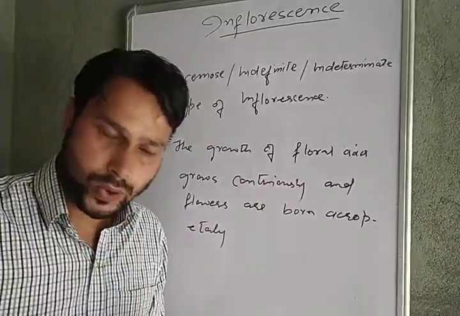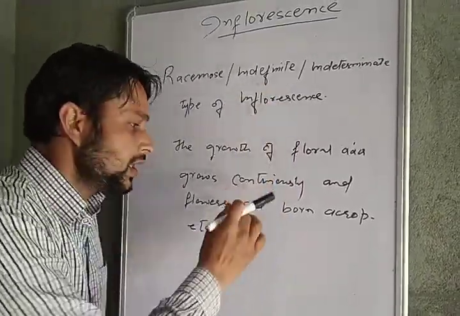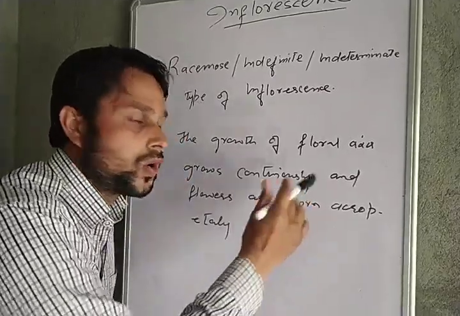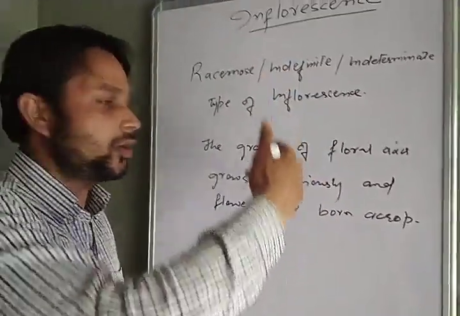This racemose type of inflorescence has indefinite growth. That means the floral axis grows continuously. When the floral axis grows continuously, flowers are born on lateral branches, in an acropetal manner.